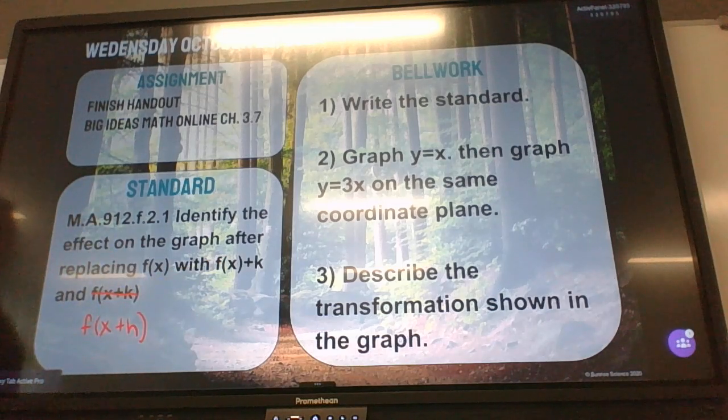So we're going to graph for number 2, y equals x. And then we're going to graph y equals 3x on the same coordinate plane. And we're going to observe the differences between the two.